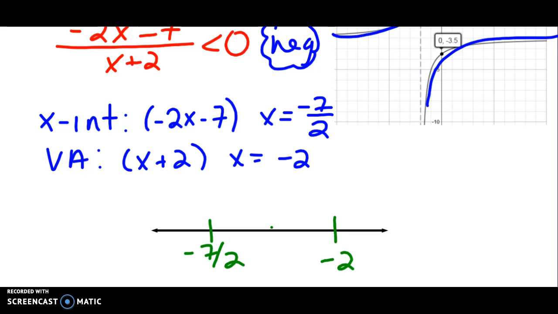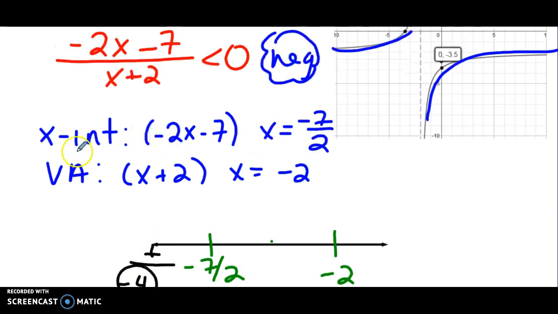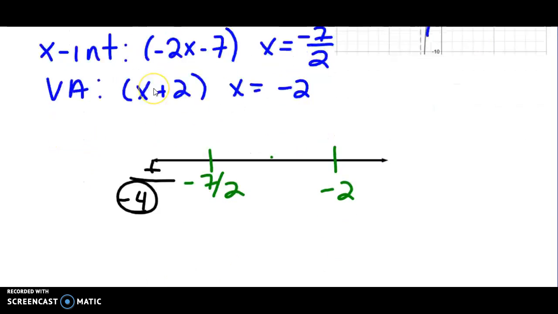So something smaller than negative 3.5, like negative 4, when we plug it into our function up here, we have negative 2 times negative 4 is positive 8 minus 7 is actually a positive value, and negative 4 plus 2 is a negative value. So a positive over a negative creates a negative. Something between negative 3.5 and negative 2, like negative 3.